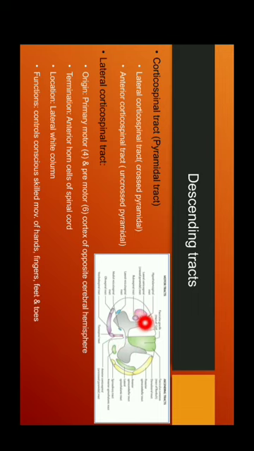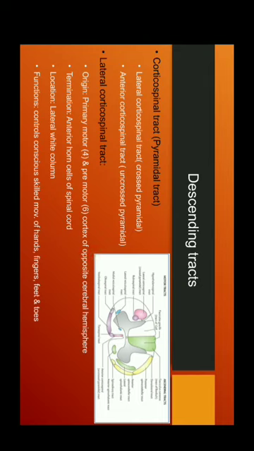Now the fibers have to come to the neurons. The motor neurons are located in the anterior horn of the spinal cord. So they come and relay with the neurons located in the anterior horn cells, either directly or through the internuncial fibers. From here the motor supply is given.